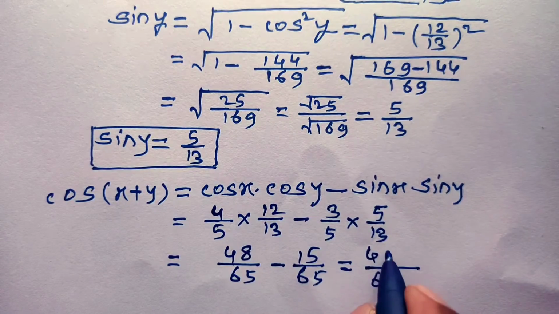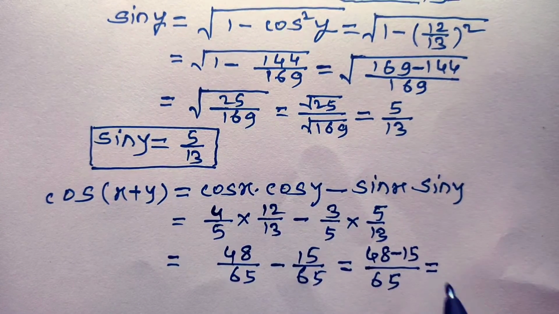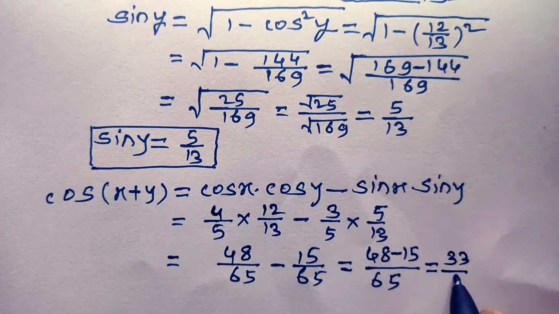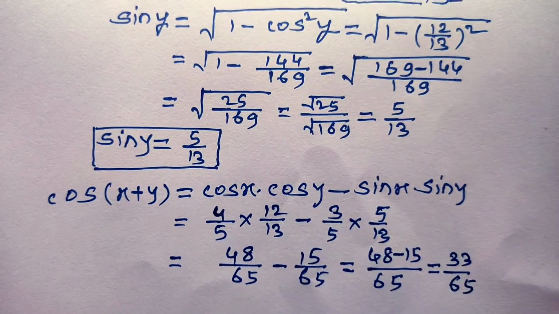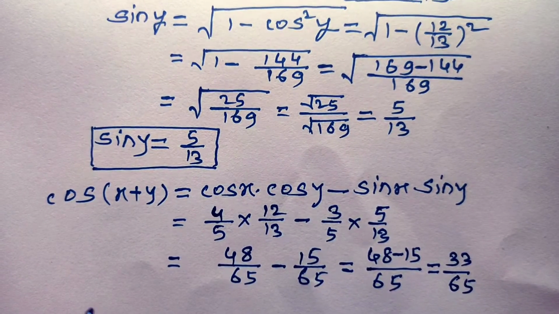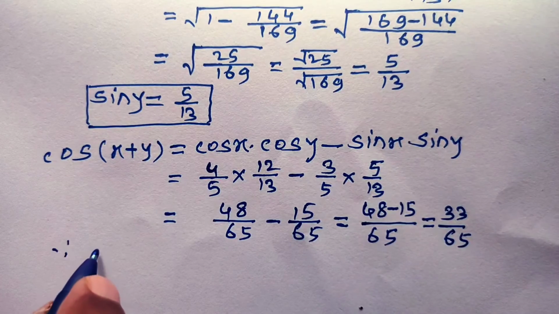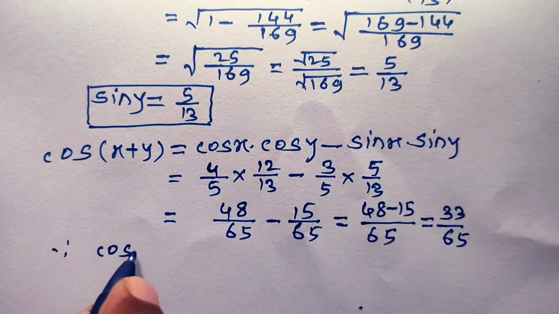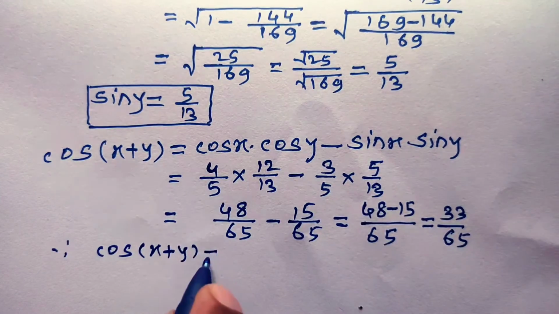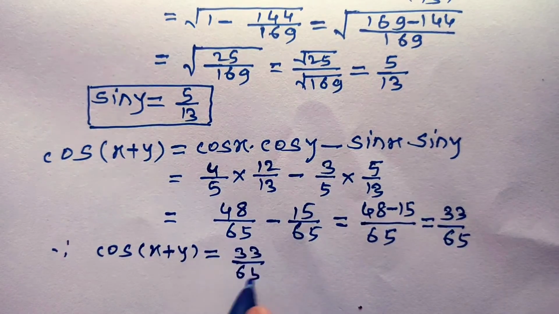In numerator 48 minus 15, and this is equal to 33/65. So cos of (x plus y) is 33/65. Hence cos of (x plus y) is equal to 33/65.